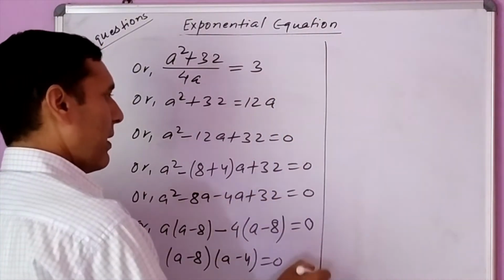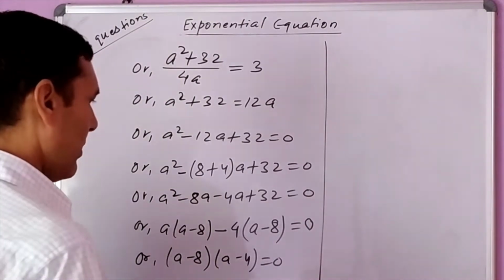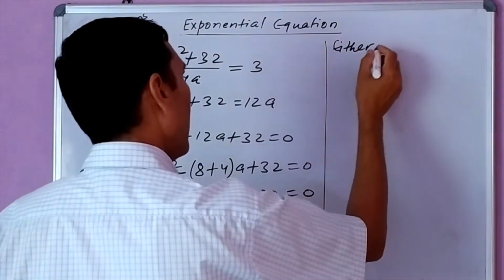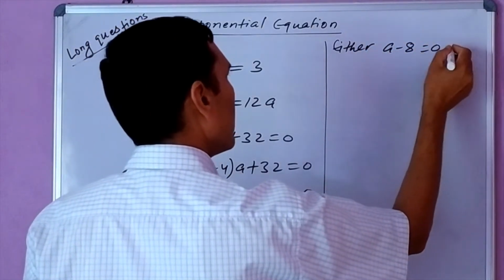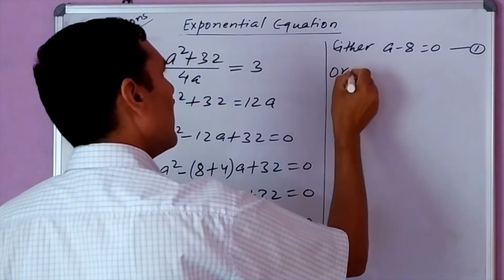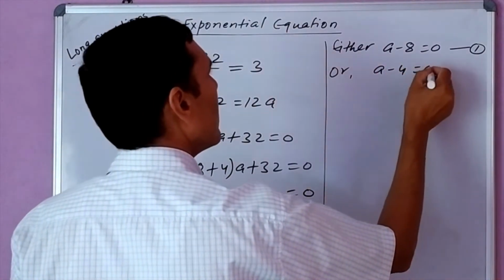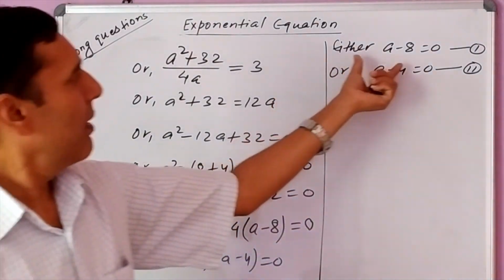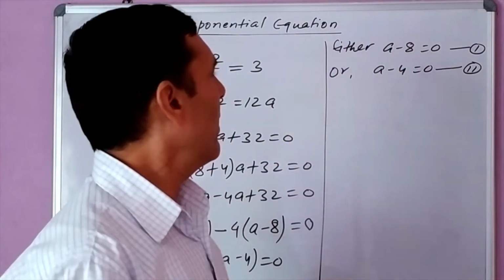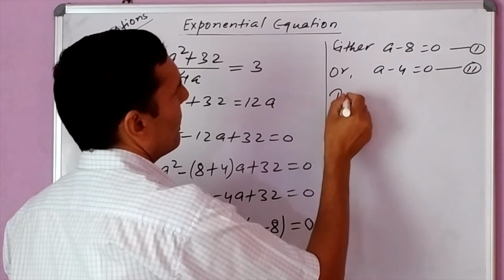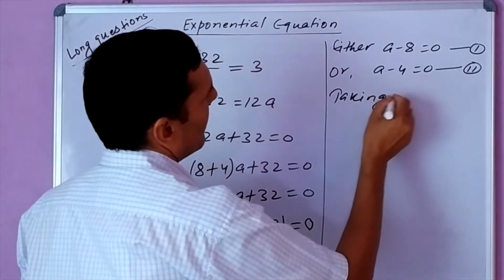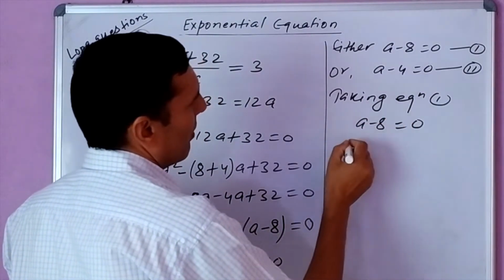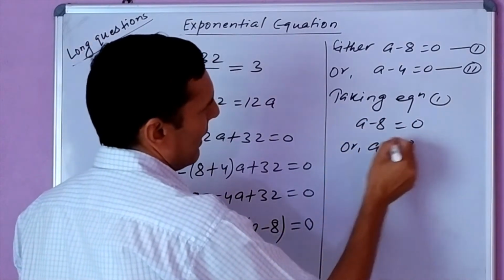So here also turn by turn we set each factor equal to 0. Either a minus 8 is equal to 0, this is equation 1, or a minus 4 is equal to 0, this is equation 2. Now first we take the first equation and find the value of x. Taking equation 1, a minus 8 is equal to 0, or a is equal to 8.